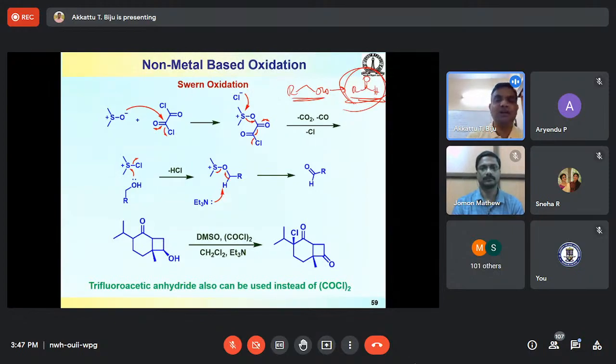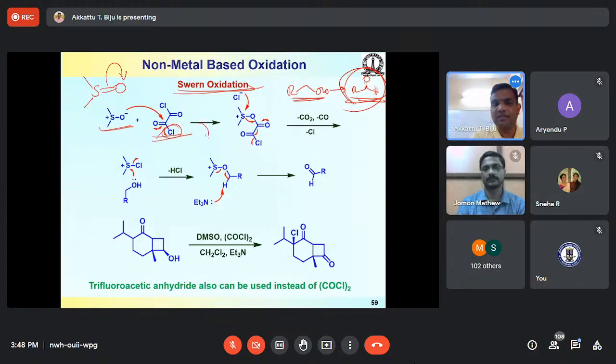So let's see what is happening in a Swern type oxidation reaction. DMSO, dimethyl sulfoxide, is a nucleophilic reagent, so the O minus, so it can also be written as this. This is what people normally write, dimethyl sulfoxide, or the sulfur oxygen bond is polarized towards oxygen, in zwitterionic representation. So if we add DMSO to oxalyl chloride, the negative charge, the nucleophilic species, can add to the carbonyl, eliminating the chloride.